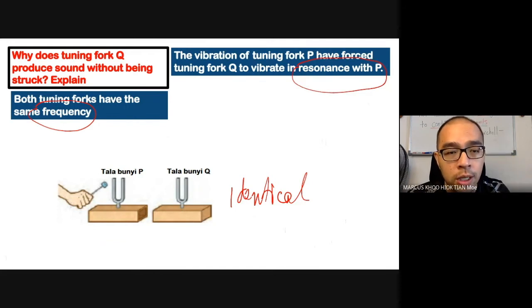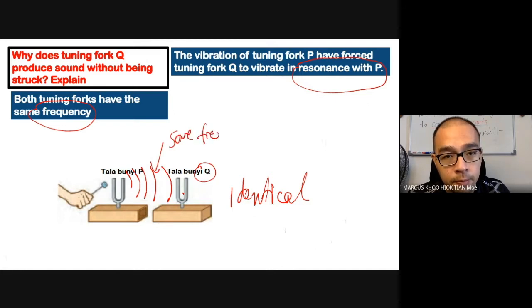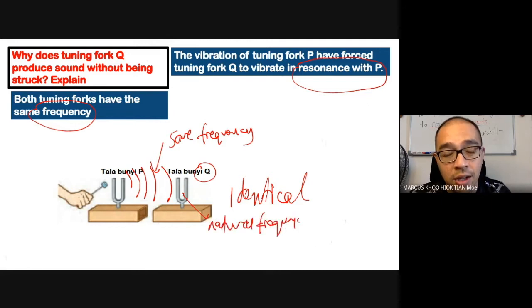So what's going to happen is when you hit this one, the sound waves are going to travel and hit this tuning fork Q. And because the traveling waves have the same frequency as the natural frequency of Q, frequency, not amplitude, the frequency of the sound waves is the same frequency as the natural frequency of the tuning fork Q. So tuning fork Q will start to vibrate.